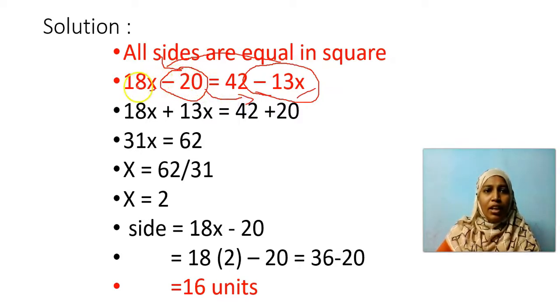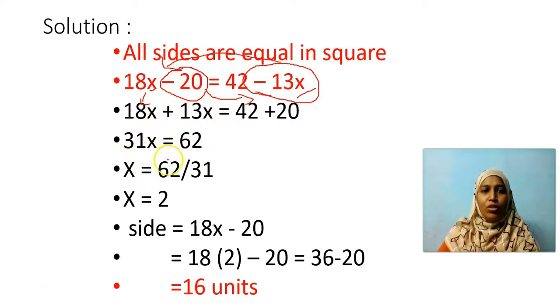So what will I get? 18x I will write as it is, and this 13x will get transposed to this side as plus 13x, which is equal to 42. Minus 20 will become plus 20. 18 plus 13x is equal to 31x, which is equal to 62.